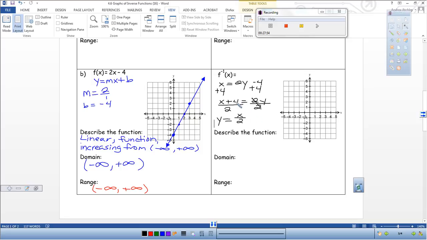Then you also divide 4 by 2. 4 divided by 2 is 2. Any questions over that? Okay, then we're going to find the slope and the y-intercept.